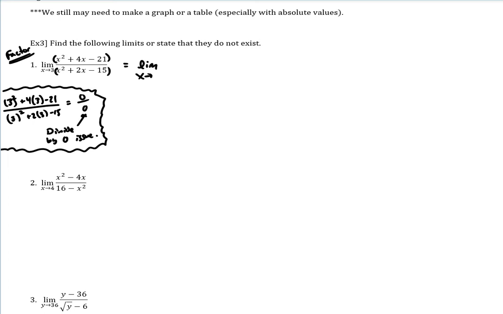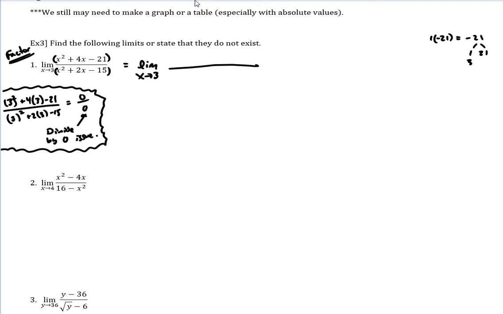So if we factor it, notice I'm going to continue writing the limit. So we always write it until we actually plug in 3. All right, so we're going to factor this. Now, to factor this, I'm going to use the scratch paper to the right here. As a quick refresher for this one, 1 times negative 21 is negative 21.